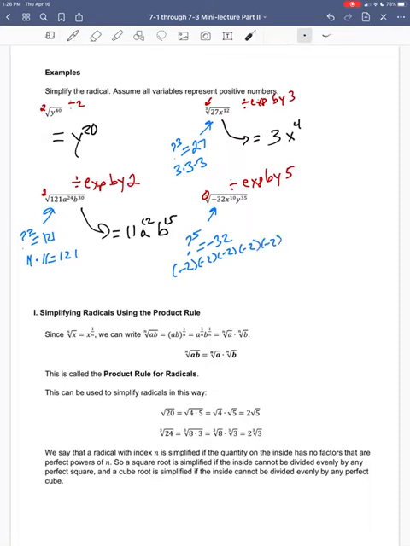Right? Negative 2 times negative 2 is positive 4, times another negative 2 is negative 8, positive 16, negative 32. And so my answer, the 5th root of negative 32 is negative 2, and then I'm going to have to divide these exponents by 5. So 10 divided by 5 is 2, 35 divided by 5 is 7.